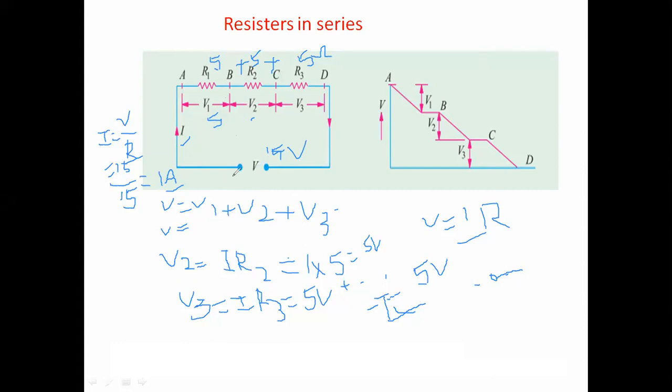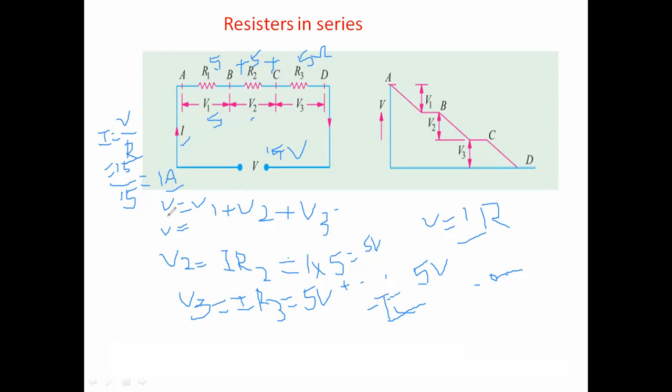So the applied voltage is distributed among the resistors depending upon the resistor value. If the resistor value is very high, most of the voltage is dropped there. If the resistance value is low, a small value of voltage will drop.